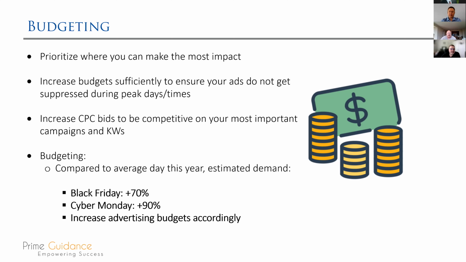I did want to call out, to your point about the budgets, this third bullet about increasing bids. As soon as you go into the campaign manager, you can see the percent of top of search.